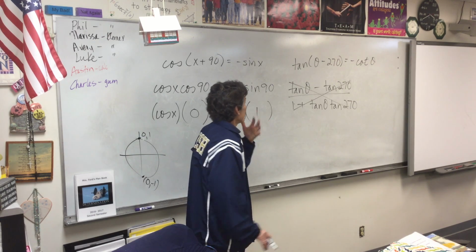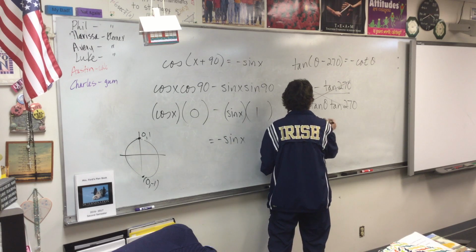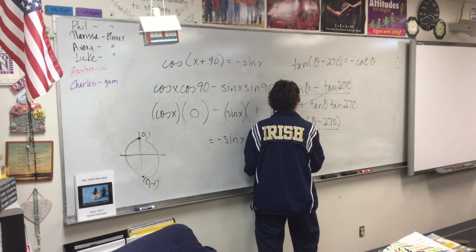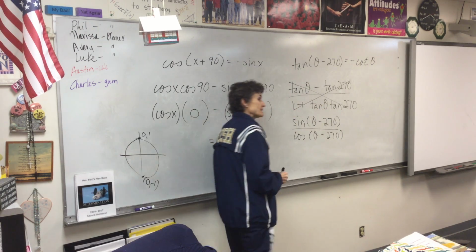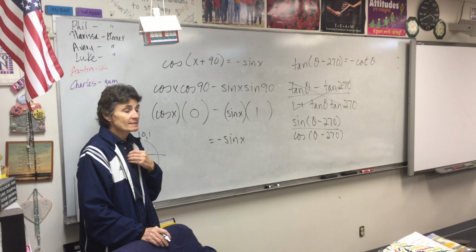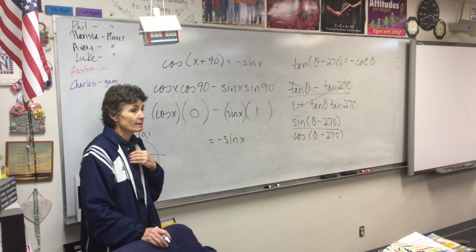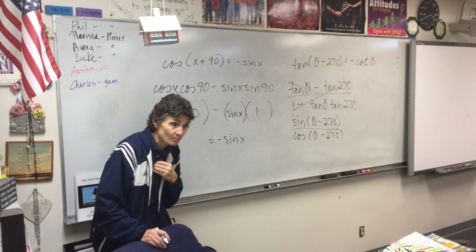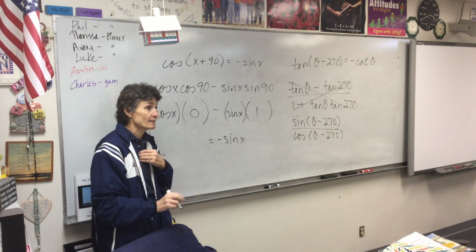How about this? What if we thought of tangent as sine over cosine? Now, isn't that what tangent is? And why is this not a problem for me? Because sine and cosine are never undefined. Remember what they look like when you graph them? They're never undefined.